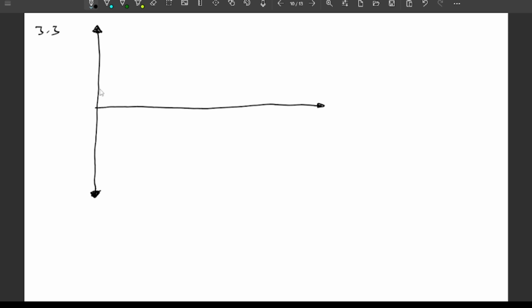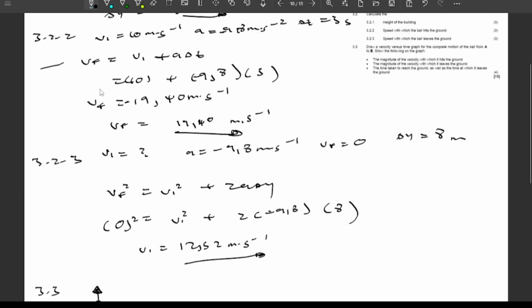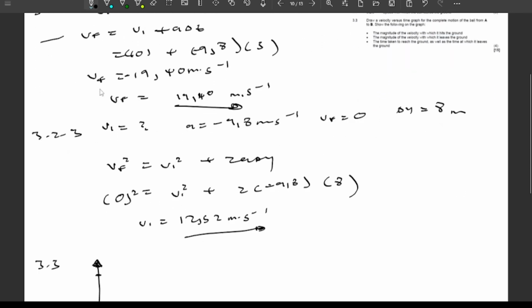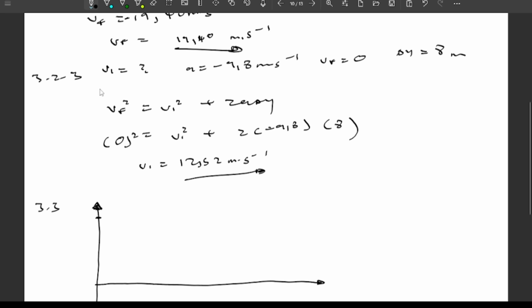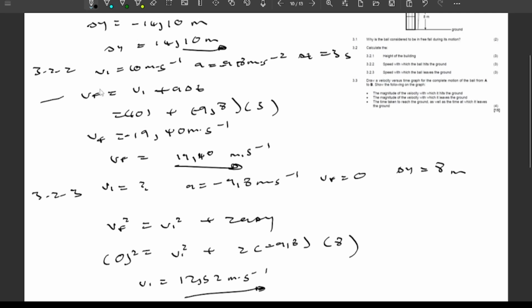All right, now, what do we know? We know that upward is positive. We know that they wanted us to show the magnitude of the velocity at which it hits the ground. What was that velocity? Did we even calculate it? Yes, it hit the ground with 19.4, right?